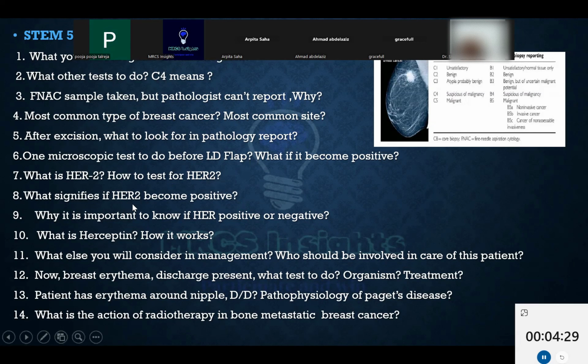And what is signified if HER2 is positive? It tells the prognosis is worse. The tumor will be less sensitive to treatment. Okay. So what is Herceptin?